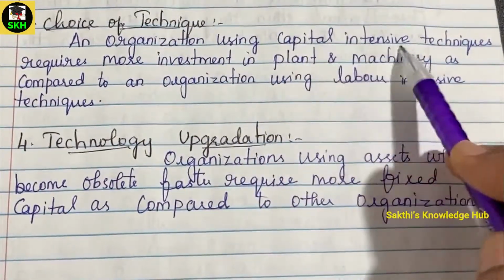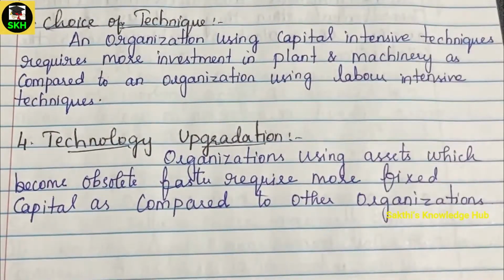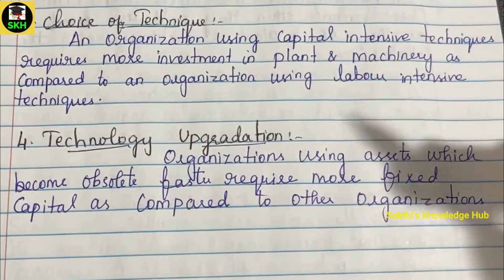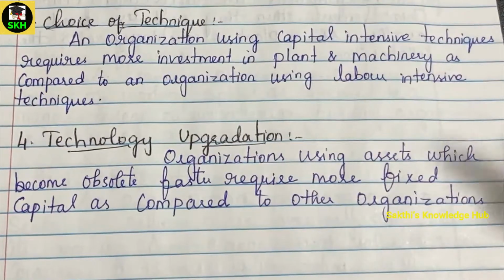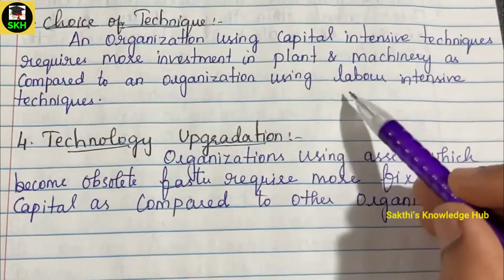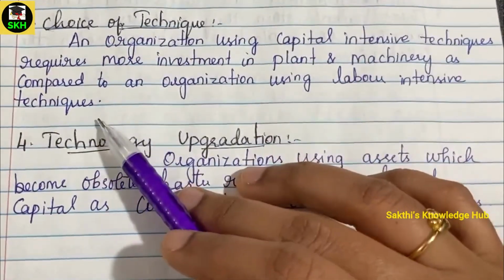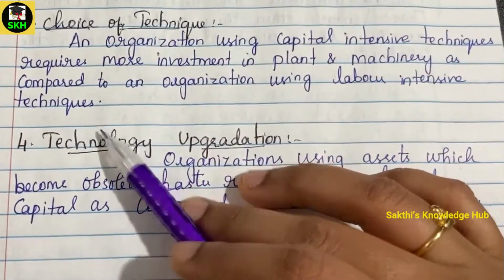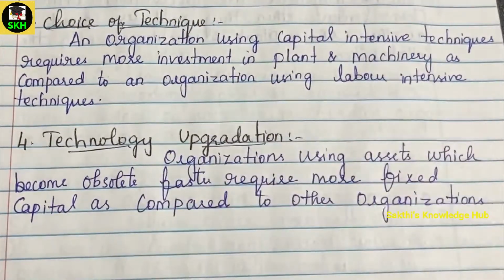Capital intensive technique means a highly automatic or mechanized process, where more plants, equipments or machineries are used for the manufacturing process in the business. In that situation definitely we need more capital, so that proportion will be taken for fixed capital. In the opposite case, labor intensive techniques, the manufacturing process is mainly done by the labor force or human resources.